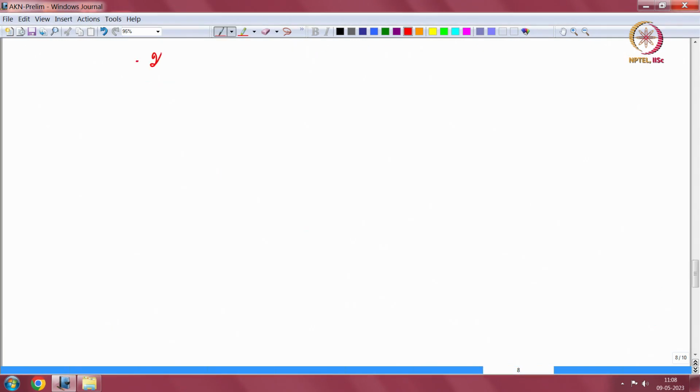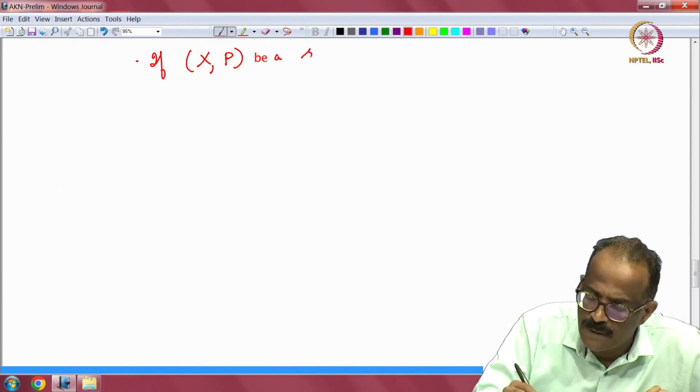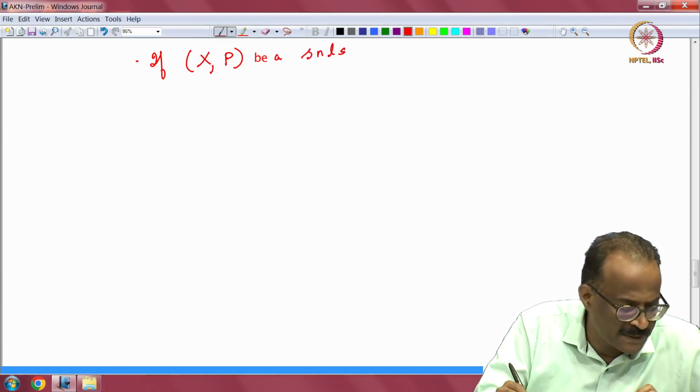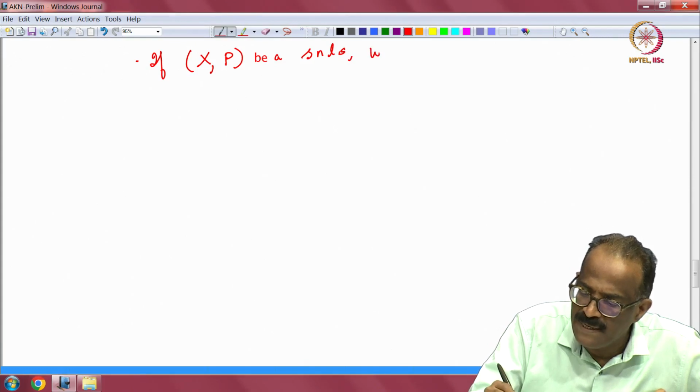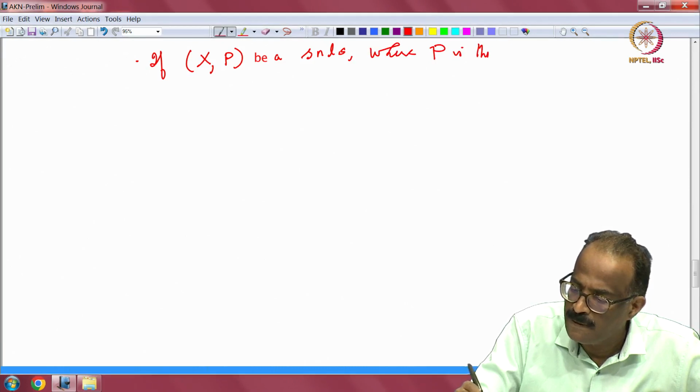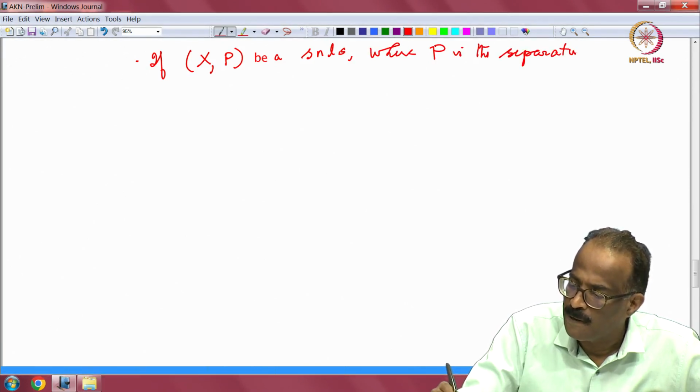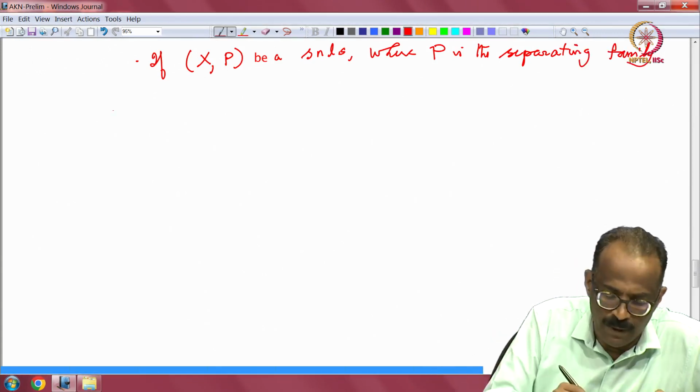Let X be a seminormed linear space where P is the separating family of seminorms.